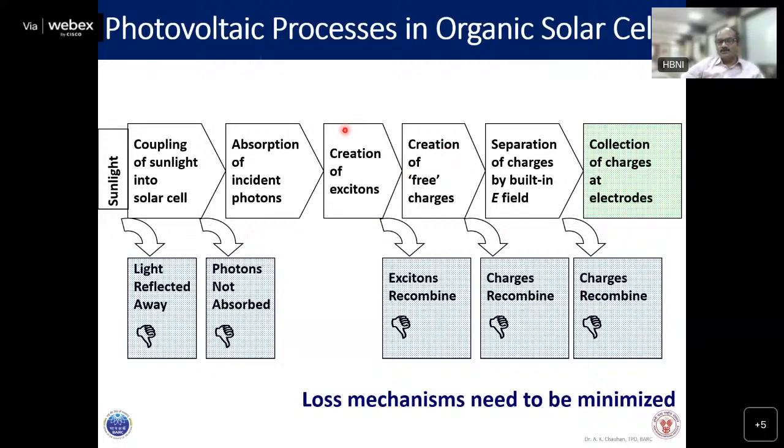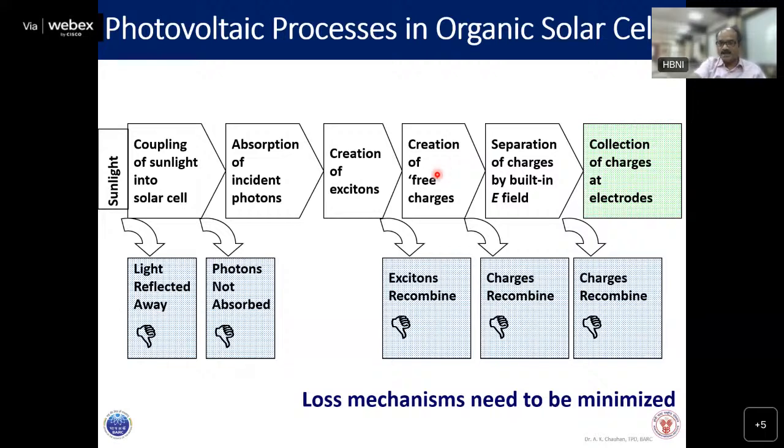And now the exciton is created. We have seen that this exciton has to move a lot before it gets separated. So if the exciton recombines, that is a big loss. But if the exciton is not recombined, then electron and hole are created. They are free charges. Now, once these free charges are created, they can also recombine.